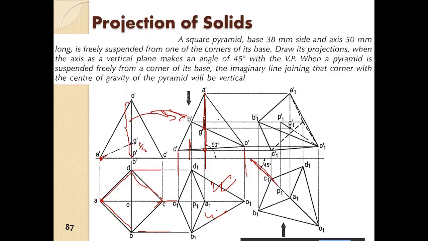So we have to rotate this to 45 degrees here. From there again we drop the projectors up, and from here horizontally to the right, and we get the front view. So this is the front view and this is the top view.